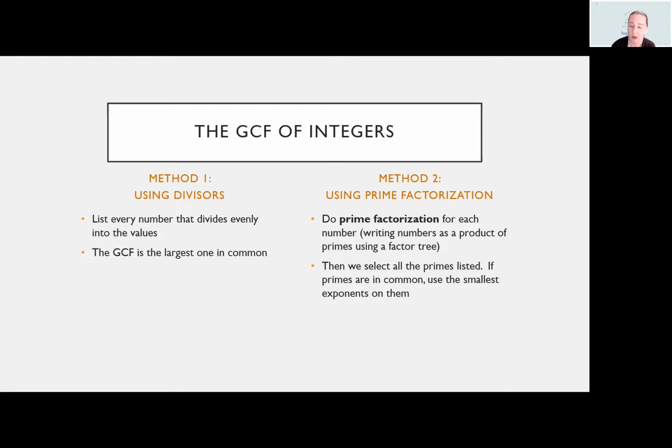So you're listing all of the divisors. And then the biggest one that they have in common is the greatest common factor. That method is good if you have smaller numbers, because there's not a lot of them that you need to write down.